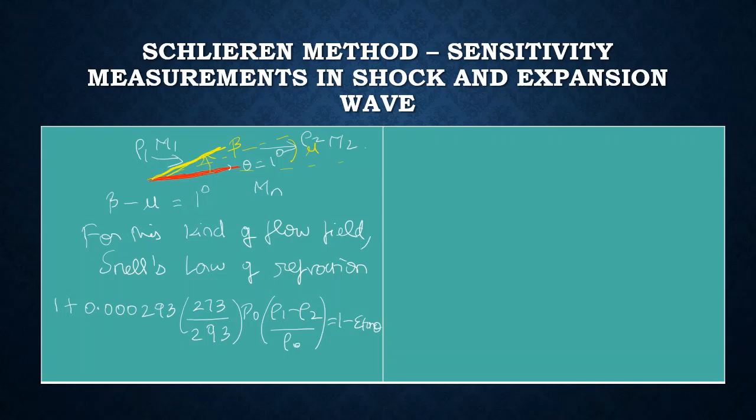Now we are going to simplify this relation by considering epsilon. For any 1 degree of deflection inside the high density flow, what happens to the value of epsilon? Now we are considering the angular deflection of shock as 10 power minus 5 radians.